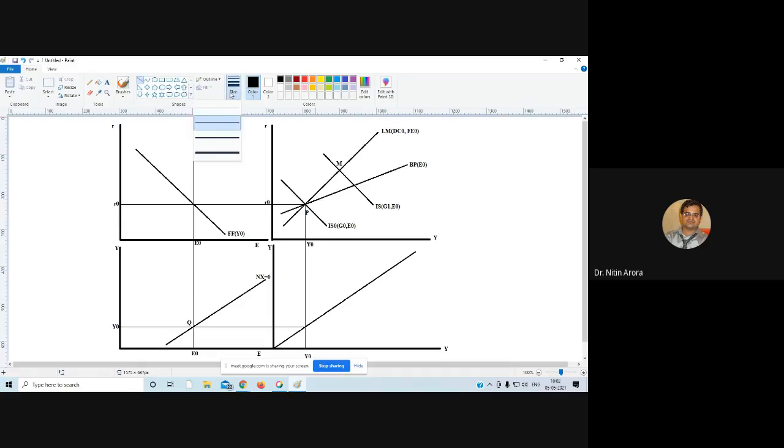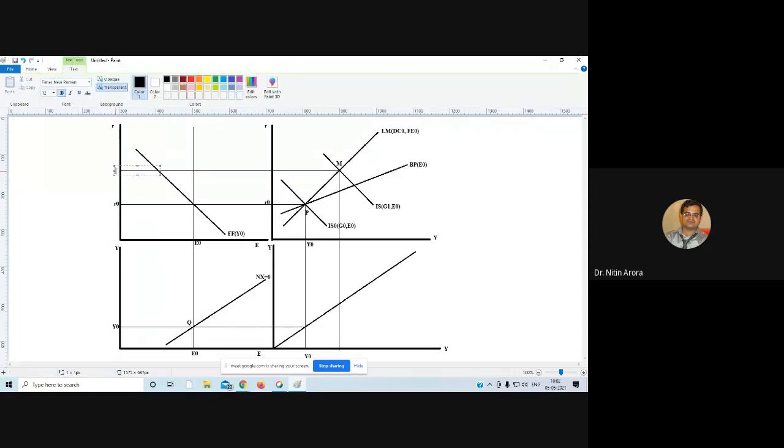Now we can derive different points at point M. This is the level of income, the interest rate. Then we have, this is, let it be R1 or R2. Let it be R2. Okay, because this is the temporary equilibrium. Let it be R2. I will be using, or R1. Let us take R1, not an issue. Let it be R1, the temporary equilibrium.